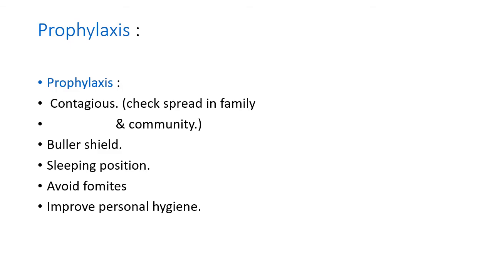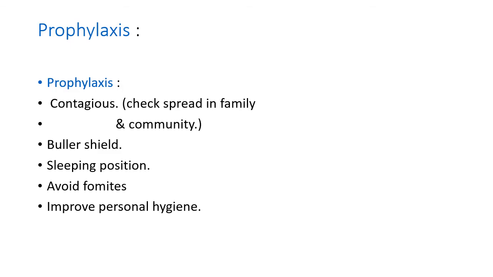Then in the case of children, you have to ask them to avoid fomites. Fomites means exchange of articles. It can be a pencil, it can be an eraser. This can have a prophylactic effect of stopping the spread of conjunctivitis in the family and in the community. You have to improve personal hygiene, washing of the hands.